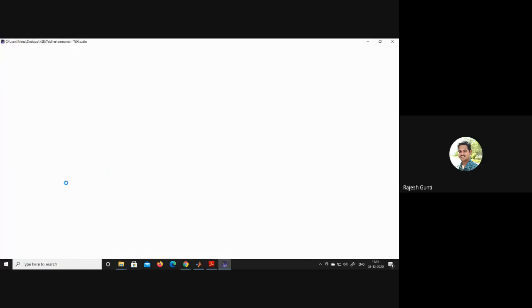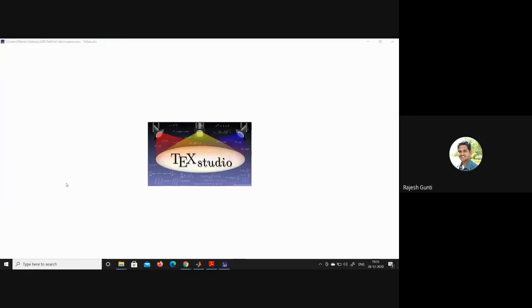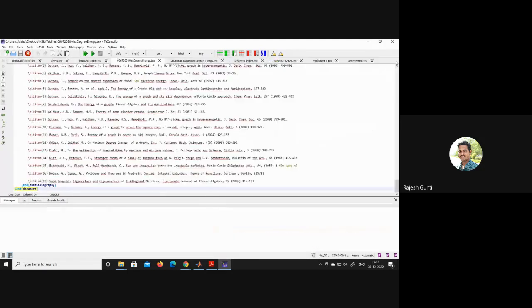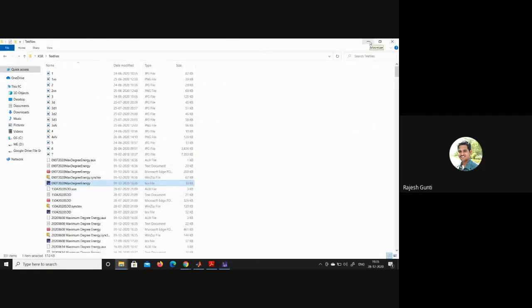Nowadays, students are earning 5 to 6,000 part-time. Suppose I am telling about Chennai, all Anna University students are earning money through LaTeX only. They charge 2,000 rupees to type a paper in LaTeX, 2,000, 3,000, 4,000 depending upon the pages.